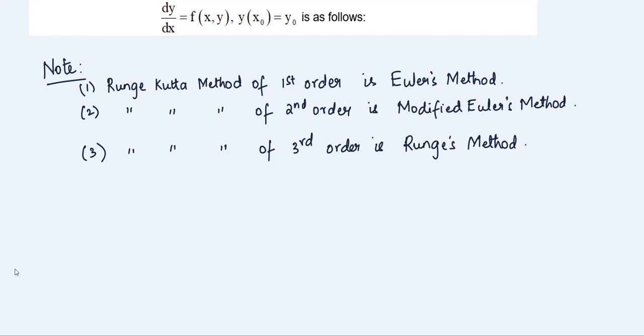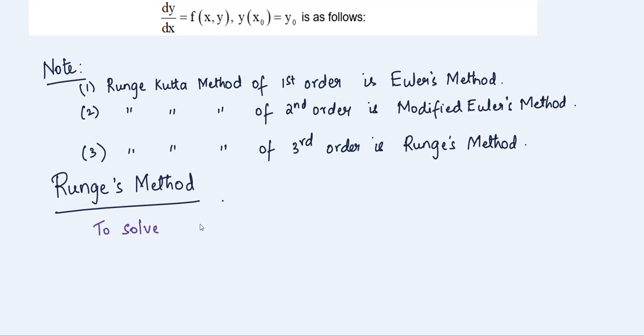Okay. Now, see, there is a way to compute. So in Runge's method, what is happening is this. In Runge's method, we need to solve dy by dx equal to f of x comma y, given y of x naught equal to y naught.